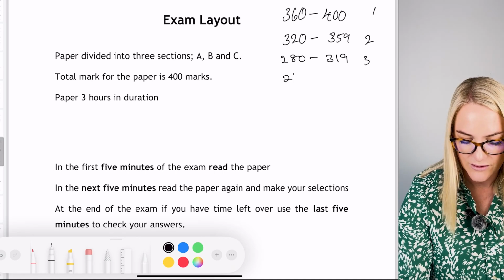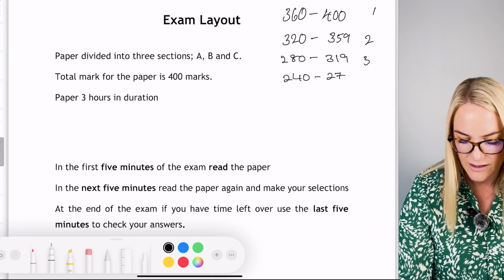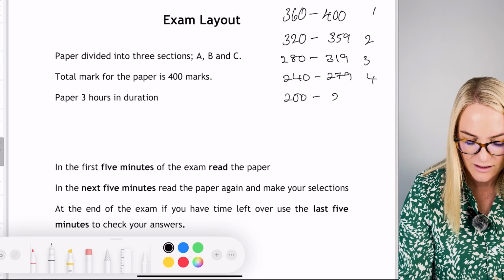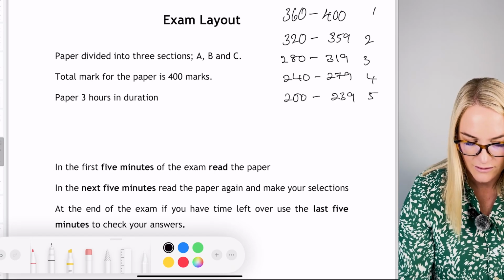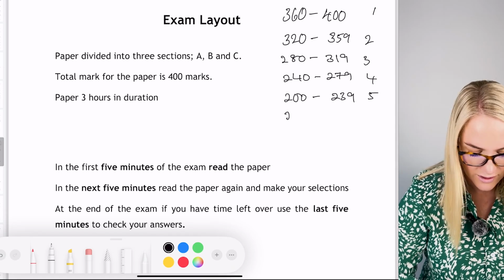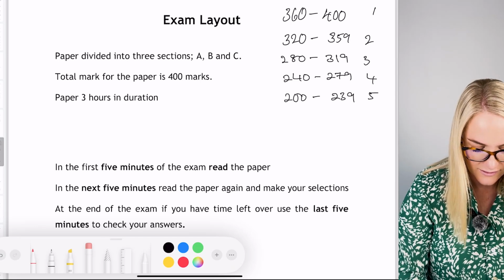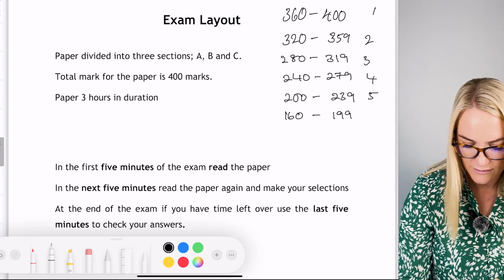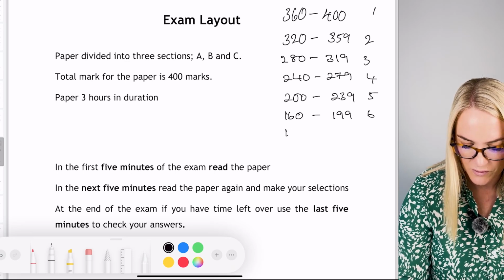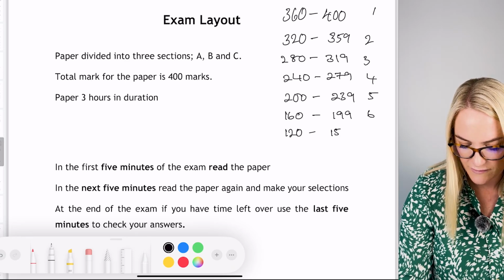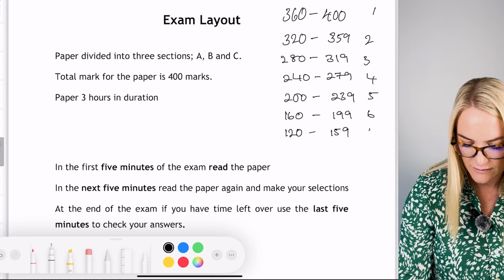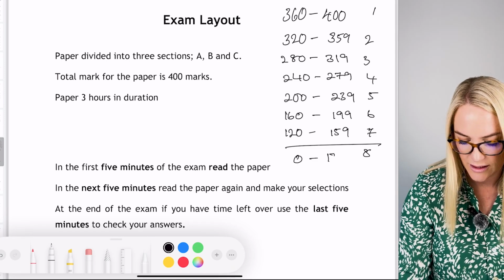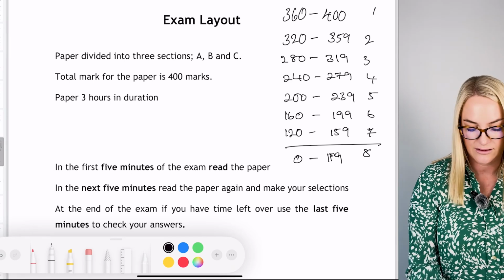My H4 is 240 to 279. My H5 is 200 to 239. Then my H6 is 160 to 199. Your H7 is from 120 to 159. And anything under that, between 0 and 119, is your H8.